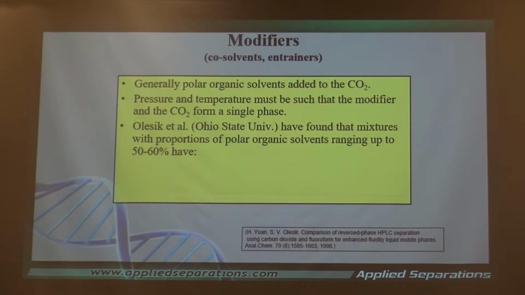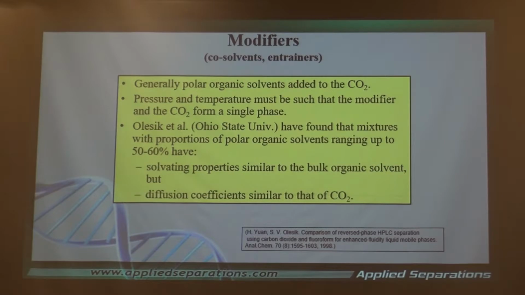But if you do, what's interesting is the solvating powers, even if you bring in very large amounts, 50 to 60%, it's been shown, that you still have the same solvating powers of the bulk solvent, the 100%. You can dissolve it in the same fashion. And the benefit is you get the diffusion characteristics of the supercritical CO2. Very important when you're extracting out of natural products that have, for example, surface areas that are difficult to get at. And I'll show you some of that having to do with cellulose structures.